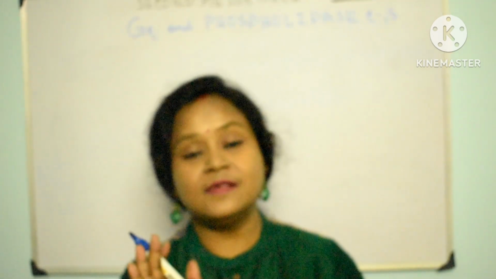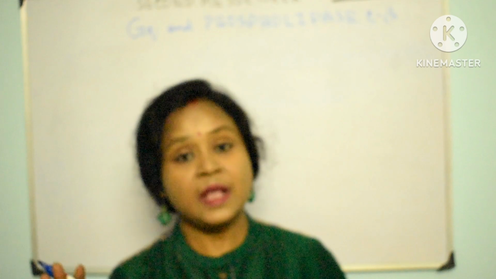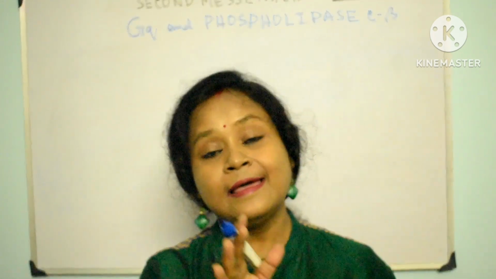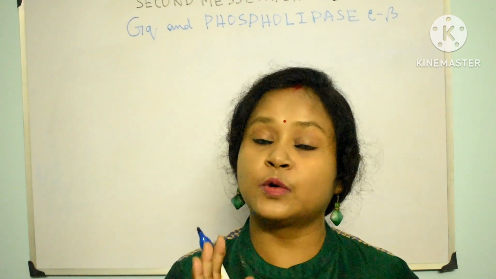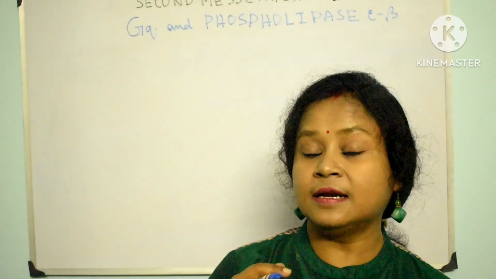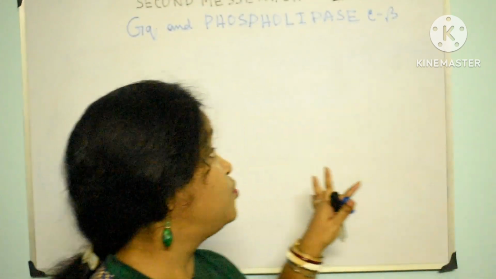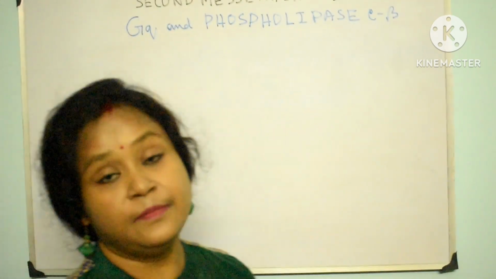G protein is now activated with binding of the signal molecule to the GPCR, a G protein coupled receptor. After this step, Gq and phospholipase C beta will be involved. I have already discussed that this is another major effector protein of G protein.